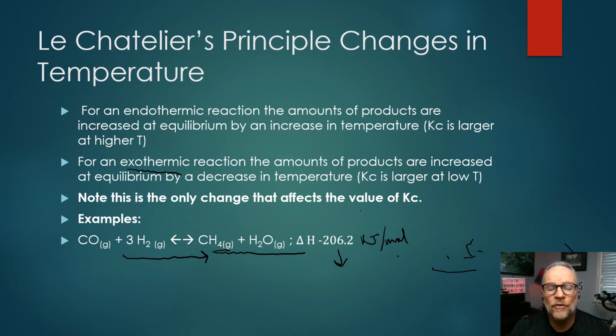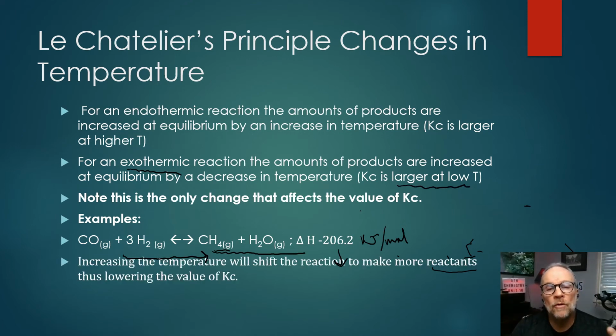You can think of the energy being on this side, and if you lose that energy, the system is going to shift toward that side to replace the energy that's lost, and so the products will increase. So Kc is larger at low temperatures.